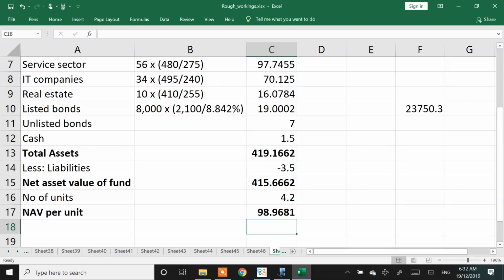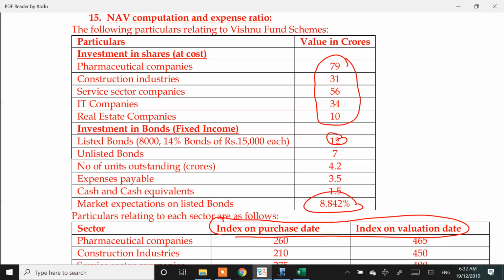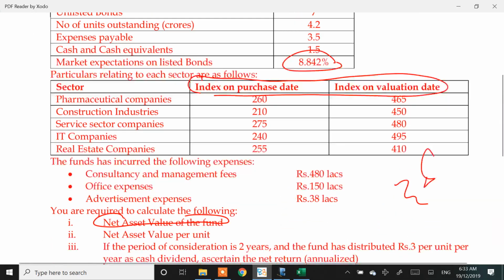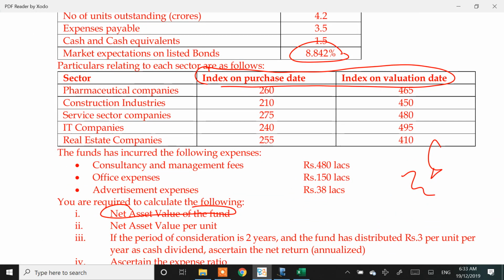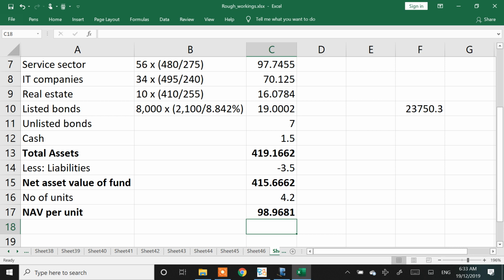Let me know if there are doubts in any of these numbers. That will answer part 1 and part 2 of the problem: net asset value of the fund and NAV per unit.